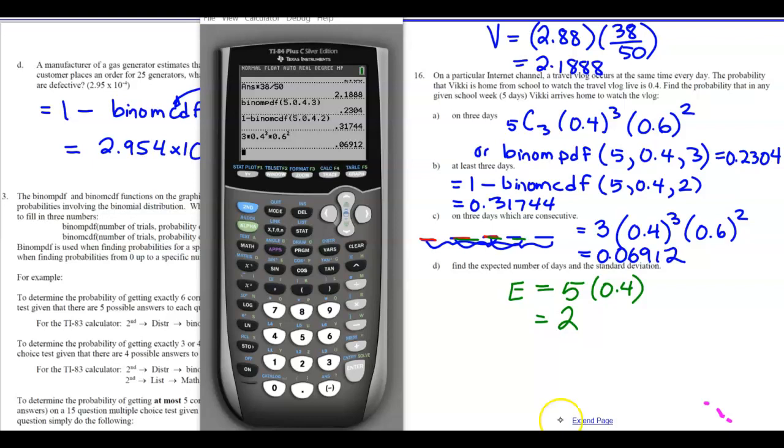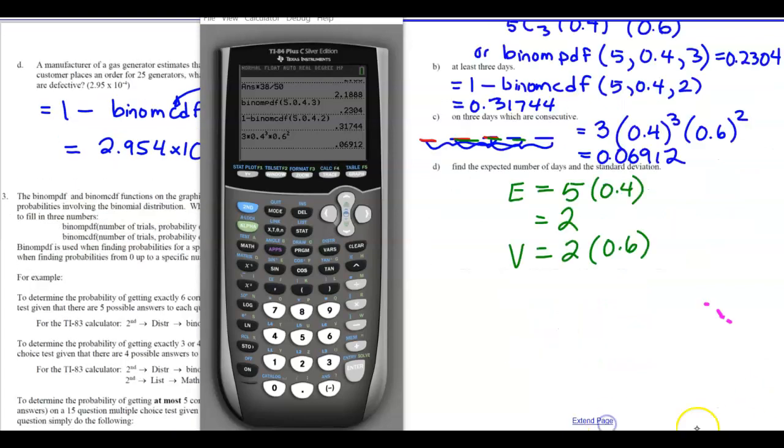Standard deviation, so remember variance is the expected value times the complement of the probability. So the standard deviation: variance is standard deviation squared, so we take the square root of it.